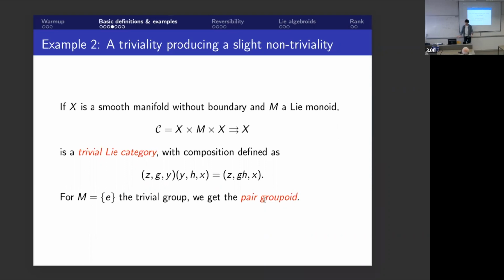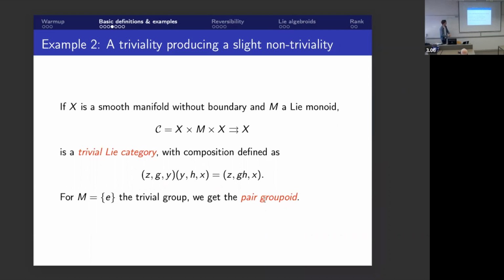We also have to tell what the composition of morphisms is. Well, the source and target must coincide, so these two have to be the same. And now you have to consider what this product should be. Well, we just multiply g and h and leave out this, right? So this is what a trivial Lie category would be.